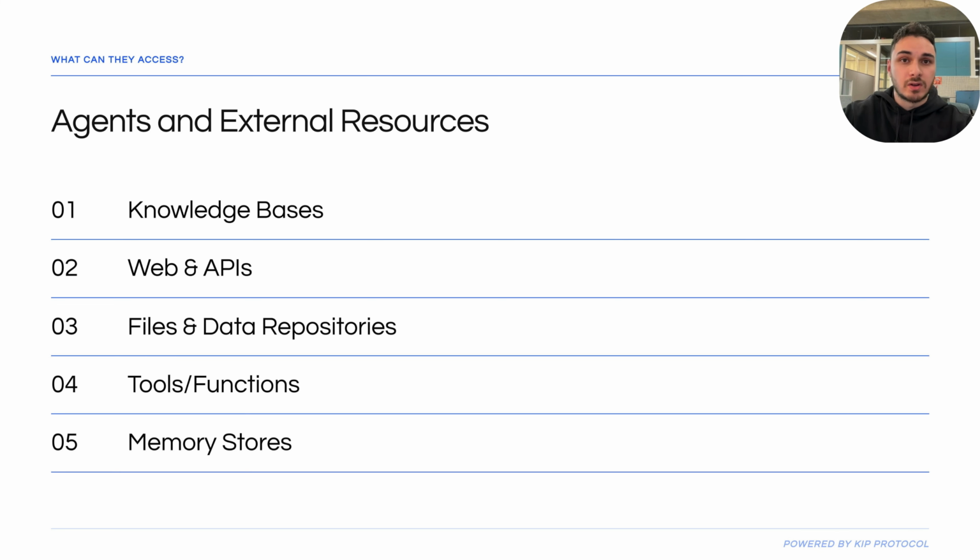Files and repositories are also accessible with the proper integration. An agent could be allowed to read PDF files or look at a code repository. This is useful for tasks like analyzing large text or debugging code, where an agent needs to pull from actual file content. Then we have general tools or functions.